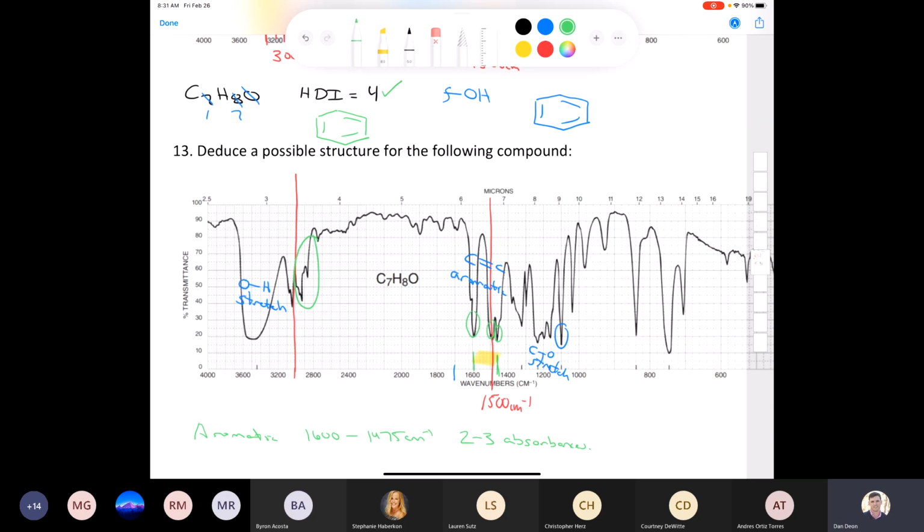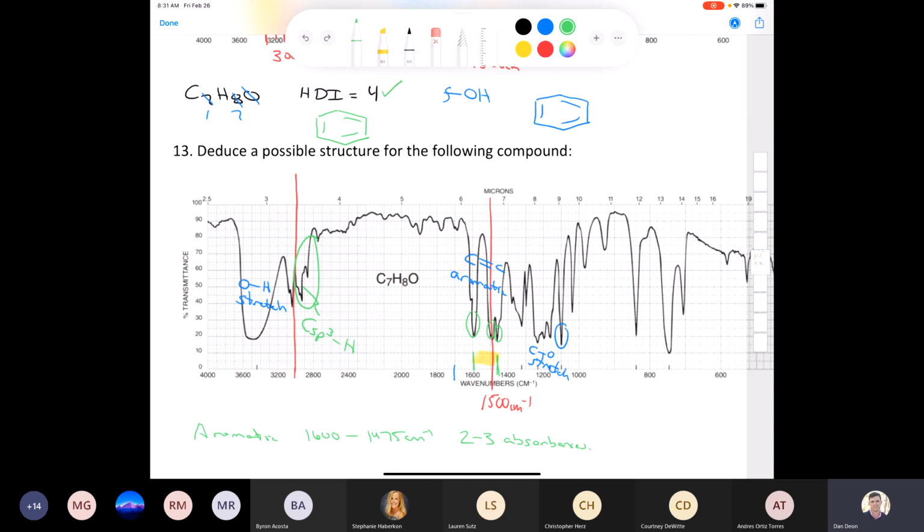Because those represent sp3 hybridized carbon-hydrogen bonds, which normally we don't label. Normally I wouldn't point those out. But here, every carbon in an aromatic ring is sp2 hybridized, and based off of this IR, we know that we've got a carbon that is sp3 hybridized.